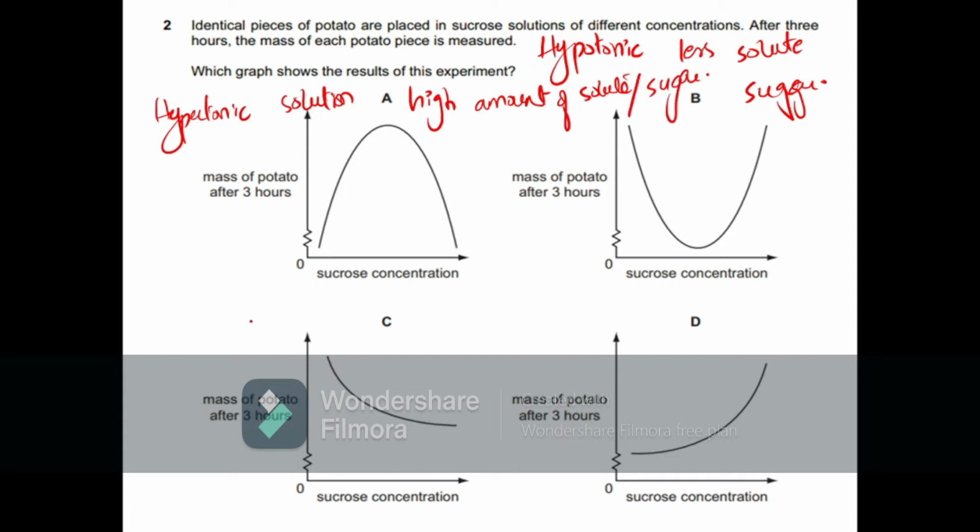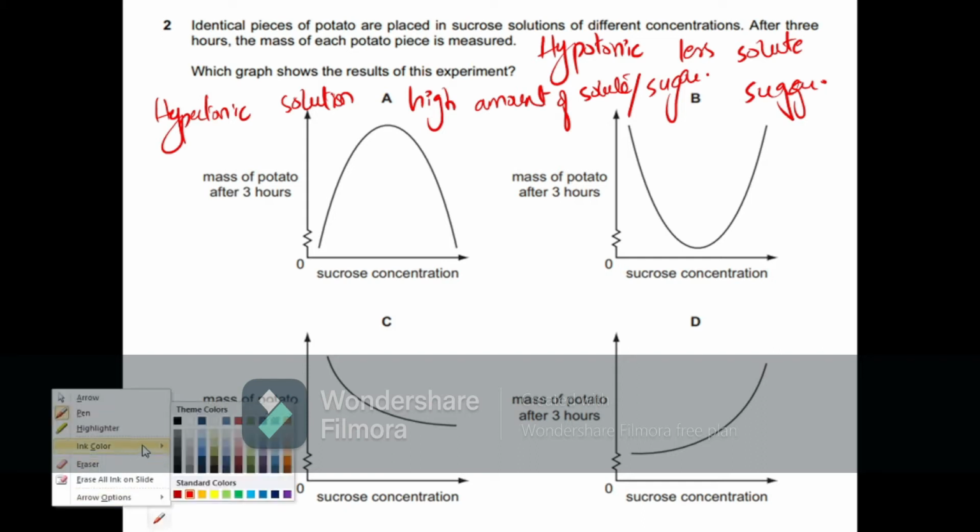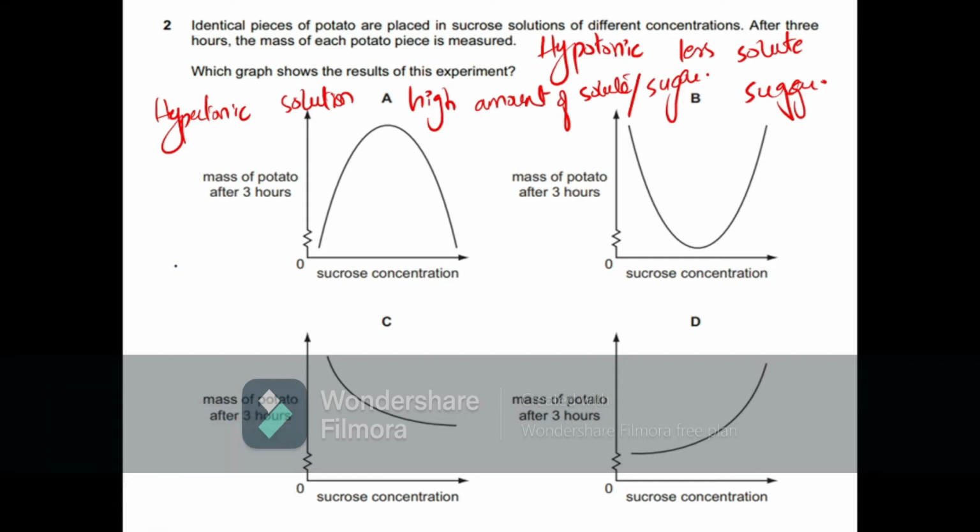Okay. So when you place any cell, let's suppose this is the cell, when you place this cell in hypotonic solution, it means that water is present in high amount outside the cell and in less amount inside the cell.